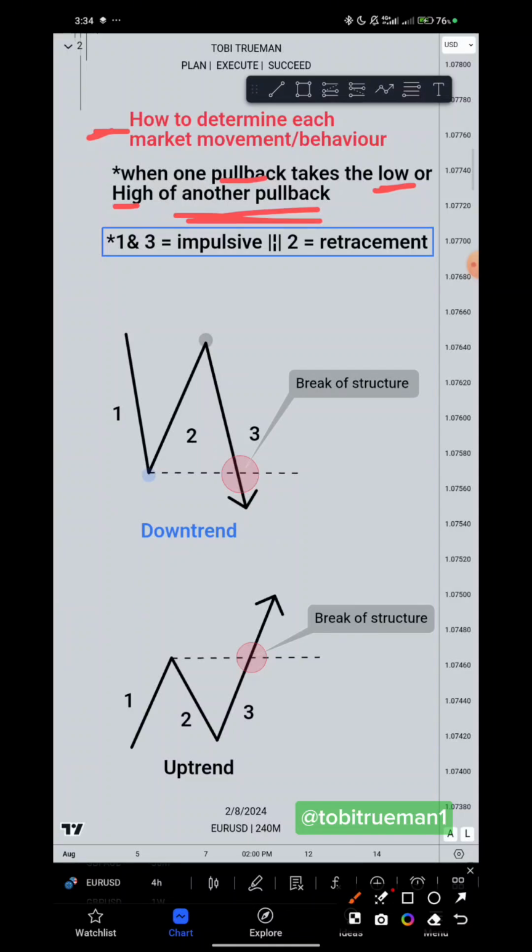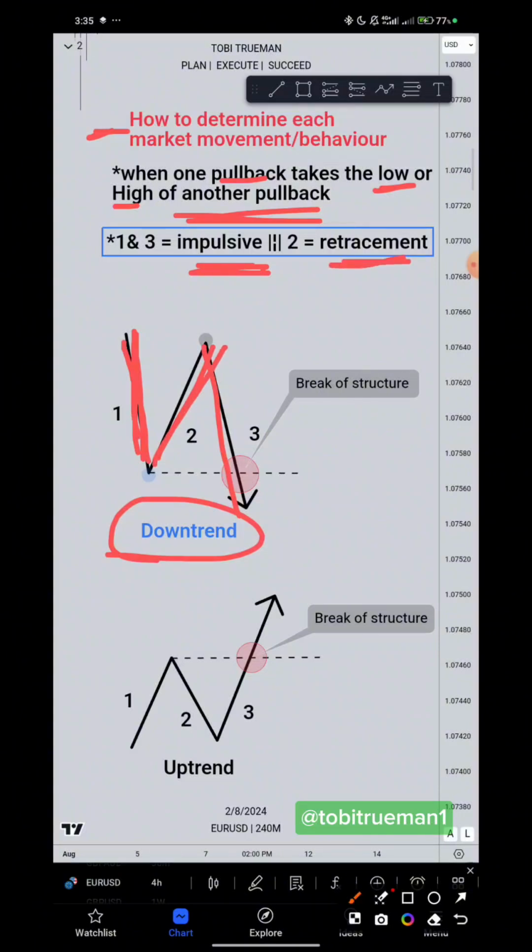What I'm trying to say is, price is making a downward movement, then an upward movement, then a downward movement. How do we know this is a downtrend? The first movement, the down movement, is called what? Impulsive. That is number one. Number two is called what?